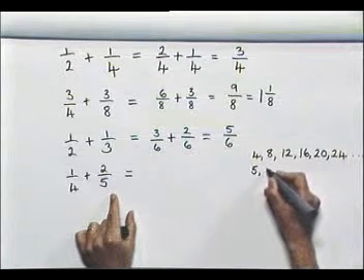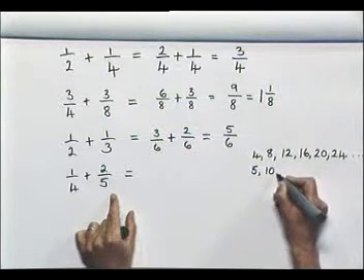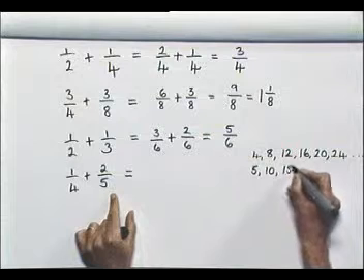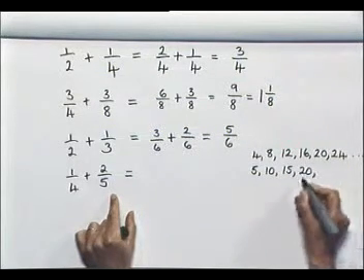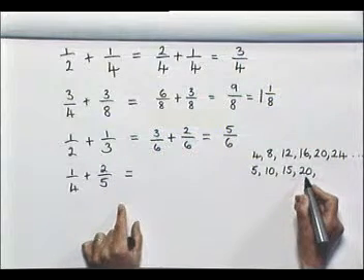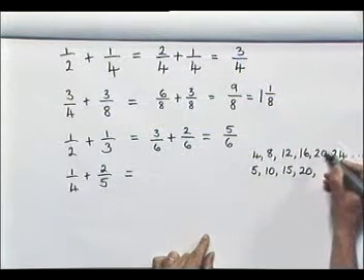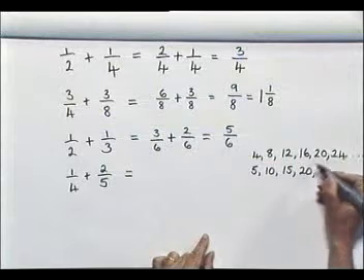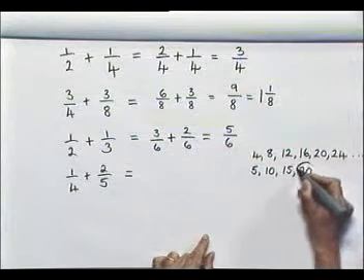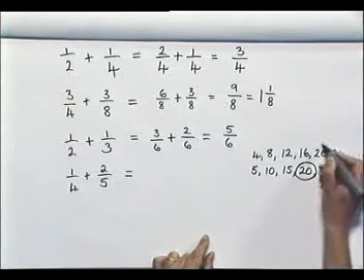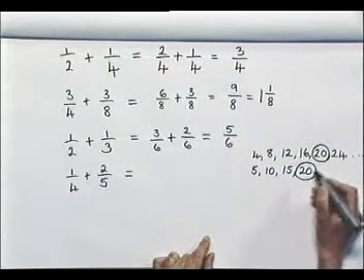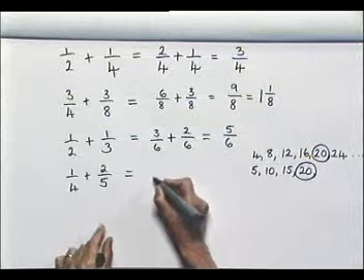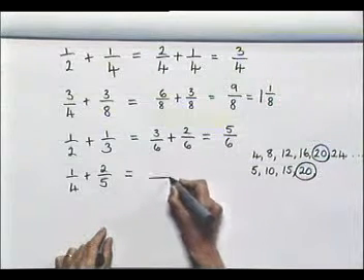Well, there's 5, 10, 15, 20. I can stop there because I've now found a common number, one that's in both the 4s and the 5s. So 20 is our common denominator.